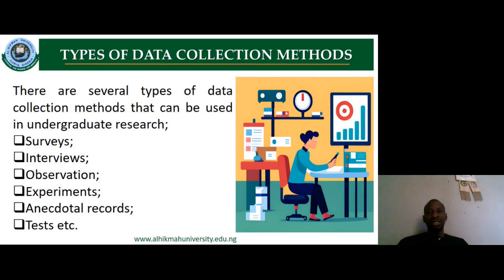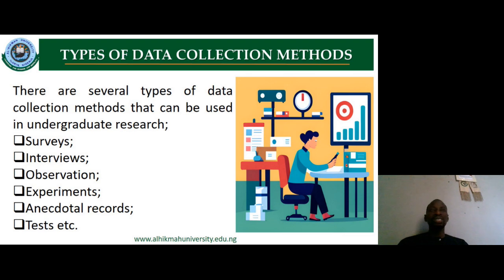data. As an undergraduate researcher, you can either use survey, which includes questionnaire and related. When you say questionnaire, it contains statements or questions that are asked in line with what you are trying to measure.